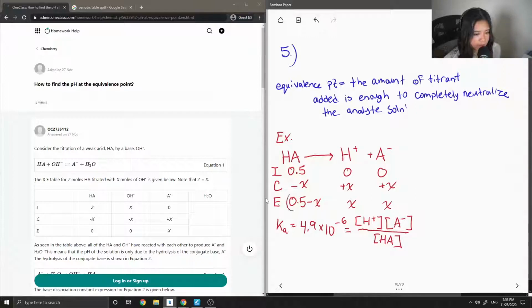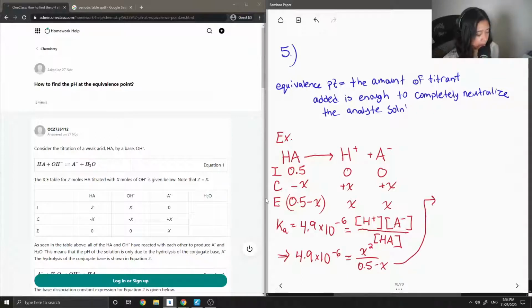So if we sub in our values from the ICE table, we can say 4.9 times 10 to the negative 6 is equal to x times x, which is x squared, divided by 0.5 minus x.